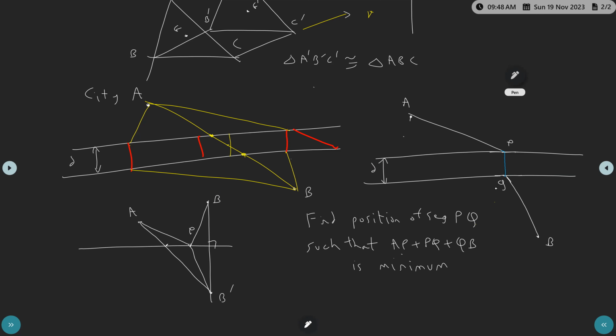Okay, I think the idea is correct. But can you specify which point I should translate and how? Sir, we should translate point A parallel to the river such that AB becomes a straight line perpendicular to the river. No, I don't know what you mean by that.